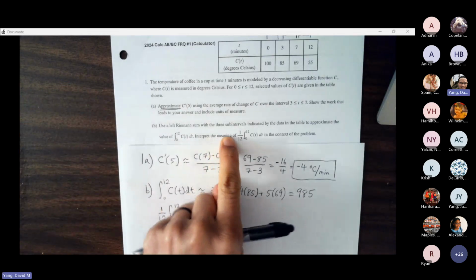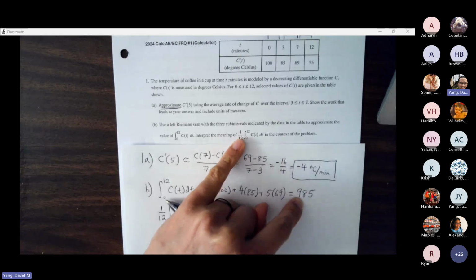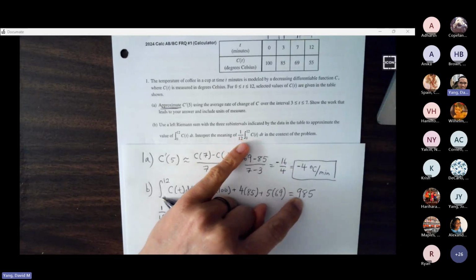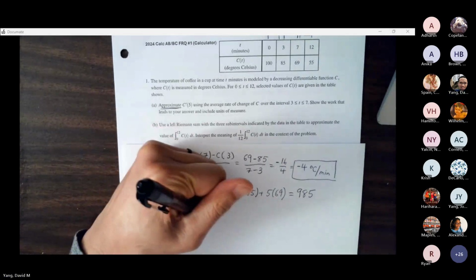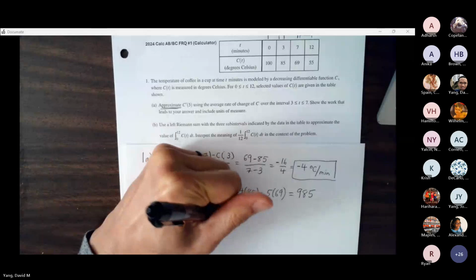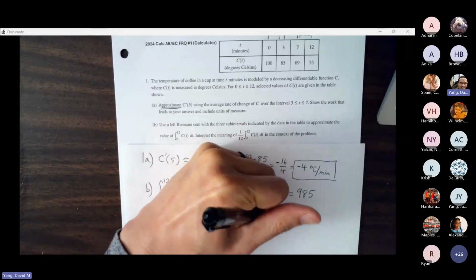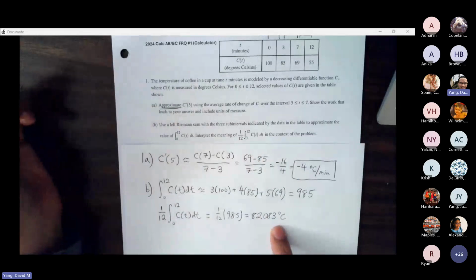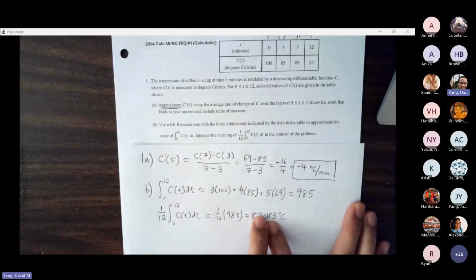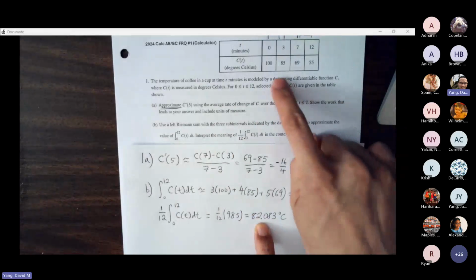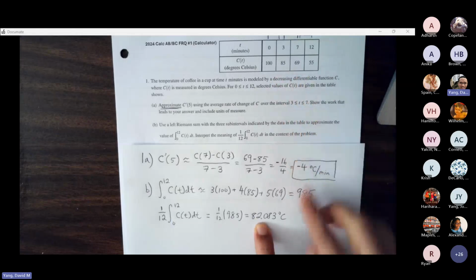They did not ask us to find the average temperature, but if we were to find it, we would do 985 divided by 12, which is 82.083 degrees Celsius. That is telling us the average temperature across all these temperatures here. And this should make sense, right? The largest is 100, the smallest is 55, and somewhere between is the average.